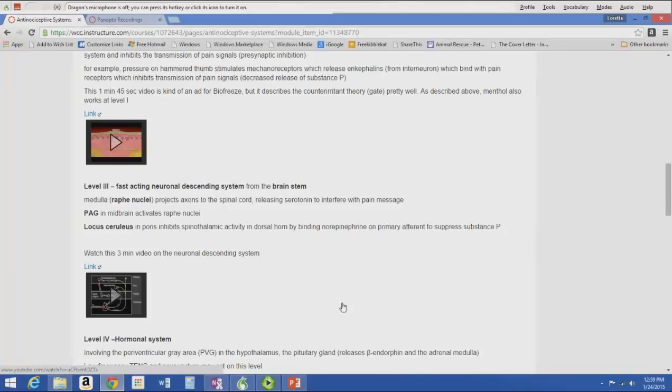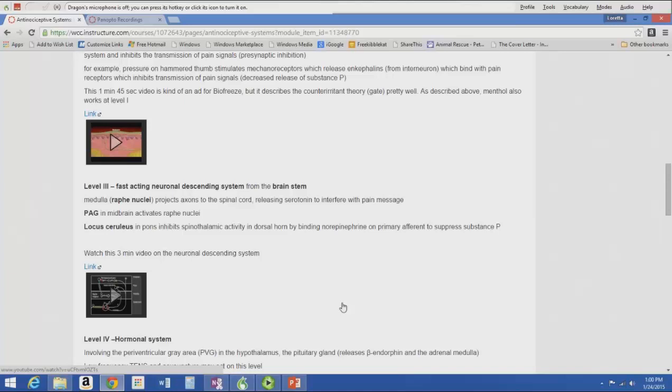There's this one in the medulla, or a group of them, that project axons to the spinal cord. They release serotonin to interfere with the pain message. So there's the periaqueductal gray area, the PAG, in the midbrain, which activates those nuclei to release the serotonin.